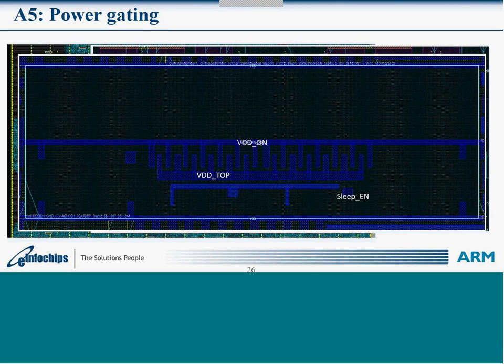In A5 we have used metal 7 as the top layer, since it's a 14nm technology, and the metal 7 VDD is directly connected to these VDD of power gating.